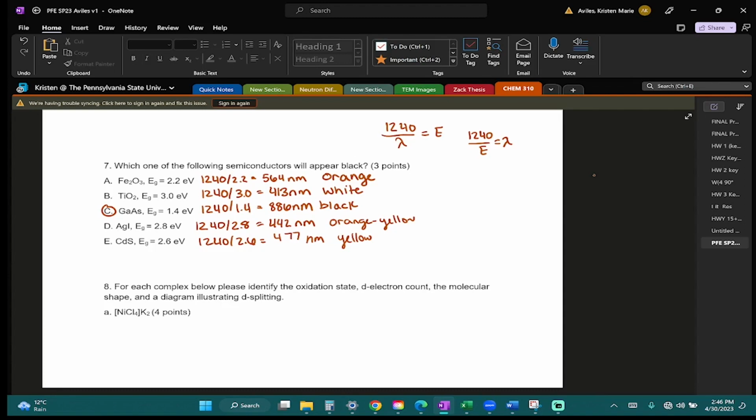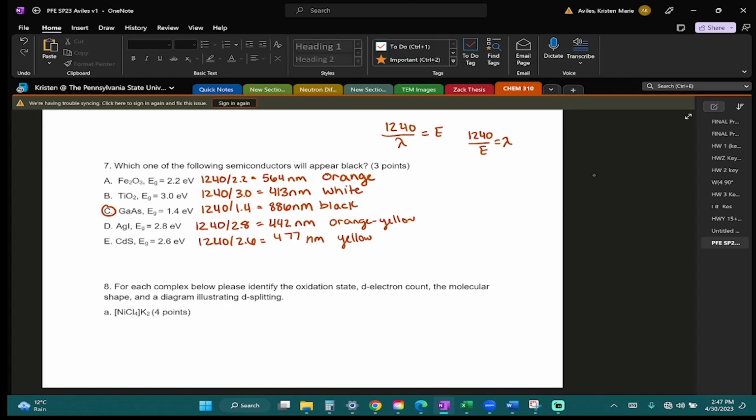We talked about this when we were talking about colors and splitting and all that fun stuff. But if it's really low wavelength, I would say 415 and below, just assume that it's UV. Same thing if it's really, really high, assume that it's absorbing all color at that point. Okay, that makes sense.